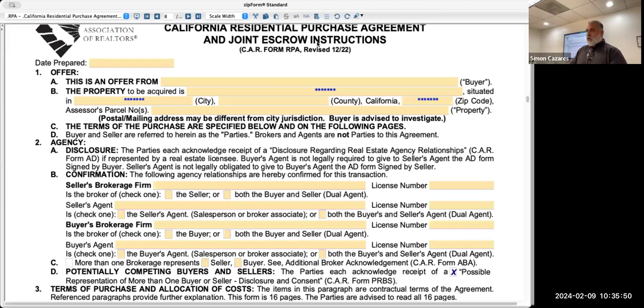So in my personal experience and opinion, you always want to get your clients pre-approved or pre-qualified for their loan, so that way you know that you're not wasting any time, right? And that's vital and very important because time is of the essence when it comes to these contracts.